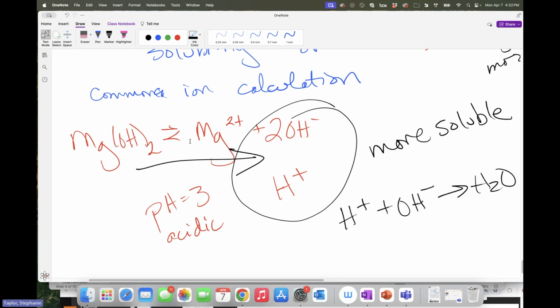So basically, we are more likely to ask you to do a calculation where it's more straightforward. Asking you to do a calculation where it's more soluble would be a two-part calculation, would need a BCA table. And BCA tables and precipitation reactions, we are just not going to ask you about. We're just not.